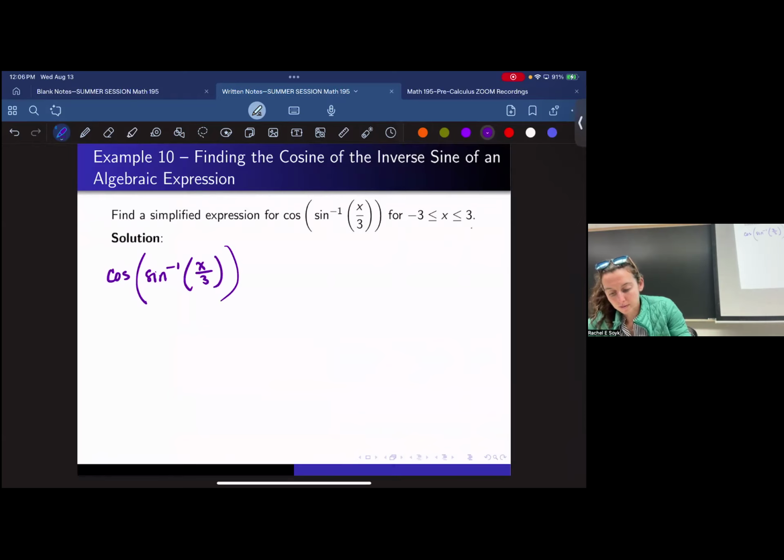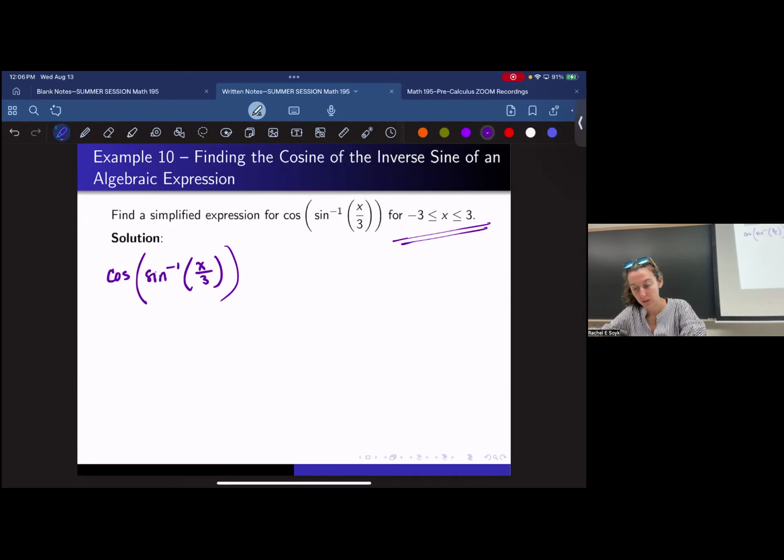And we have this restricted domain from -3 up until 3. So this is a little bit more complicated, but the same procedures that we did in example 9 apply. It's just now we have a variable x. So it might look a little confusing, but it's not too bad.